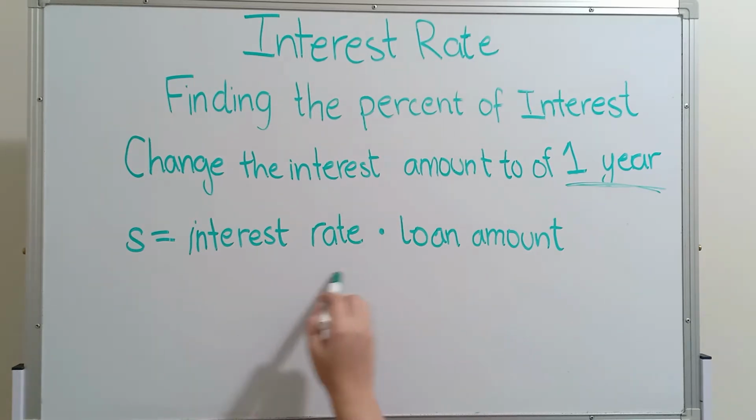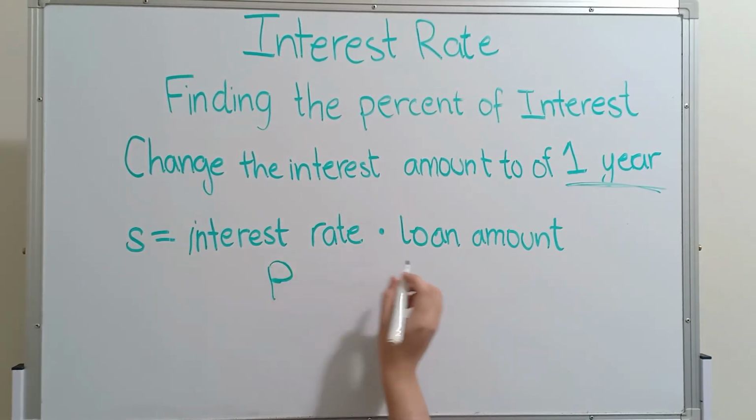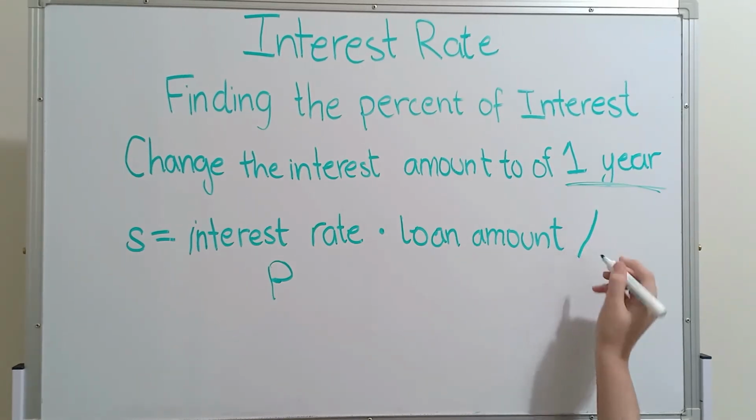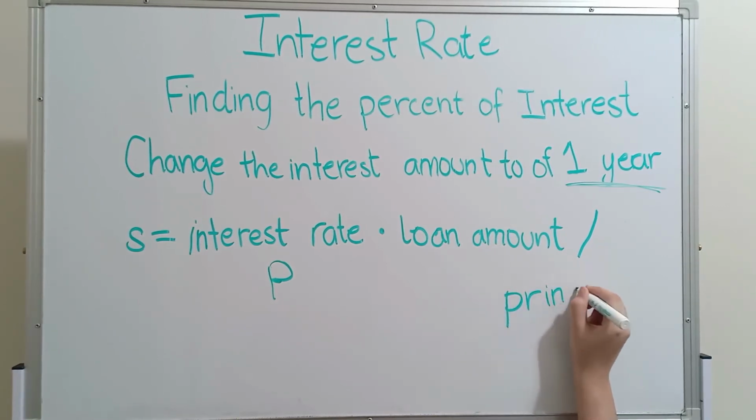We're going to use P to show that we don't have it, and we're going to put the loan amount. Loan amount is also the same as principal, so you can either write the loan amount or the principal. Both of them have the same meaning, the total money that we're given in the problem.